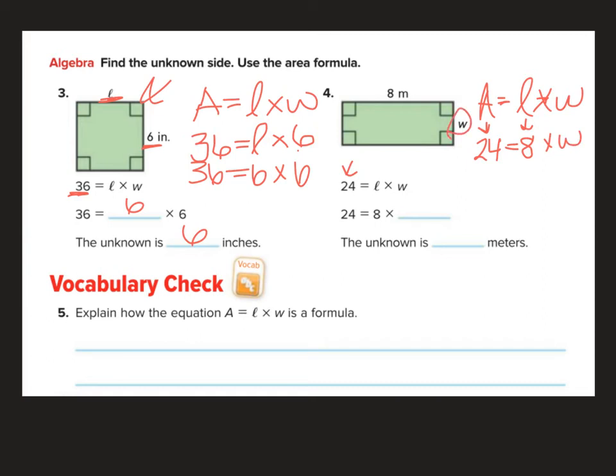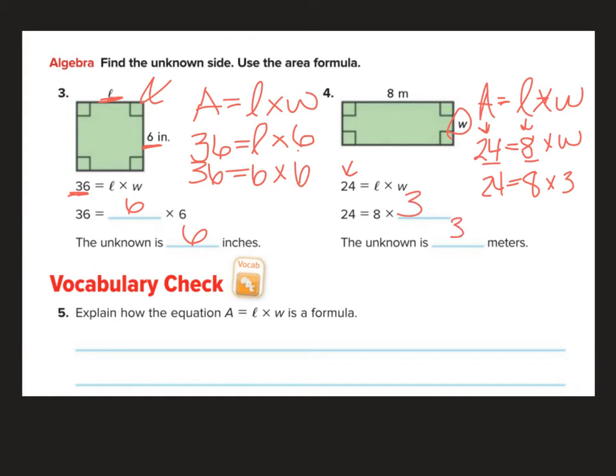So that means that's what I need to figure out. So 8 times what equals 24? 8, 16, 24. Oh, look at that, 3. So 3 times 8 equals 24, which means that W should be a 3. So the unknown is 3 meters.